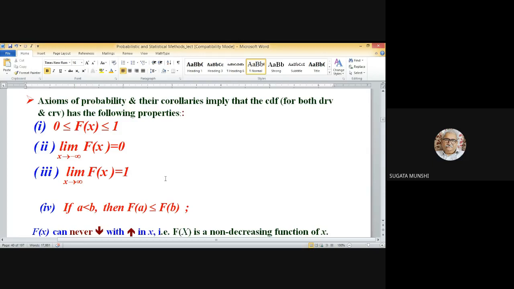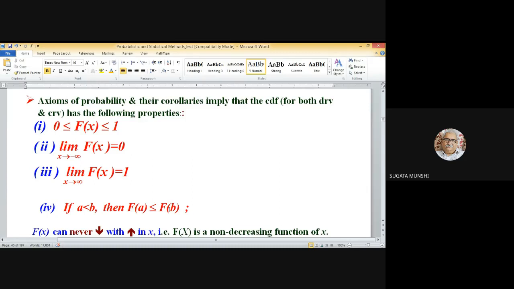If you have two values assumed by the random variable capital X, say one is small a and one is small b, and if small a is less than small b, then the cumulative distribution function evaluated for small a can be less than equal to Fb.